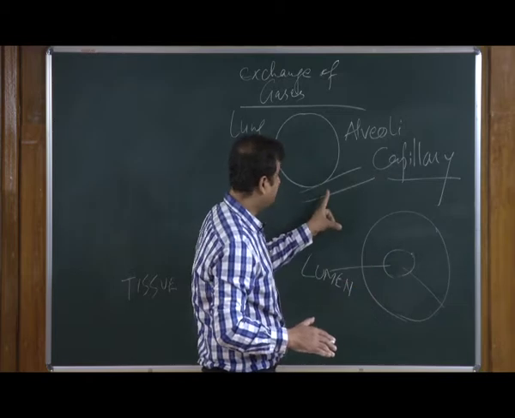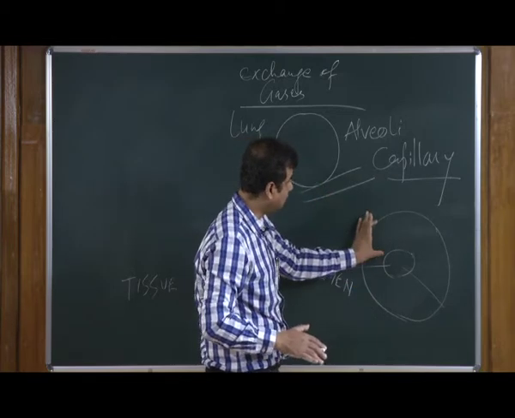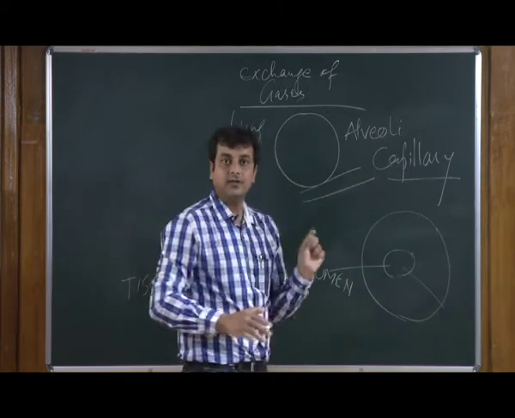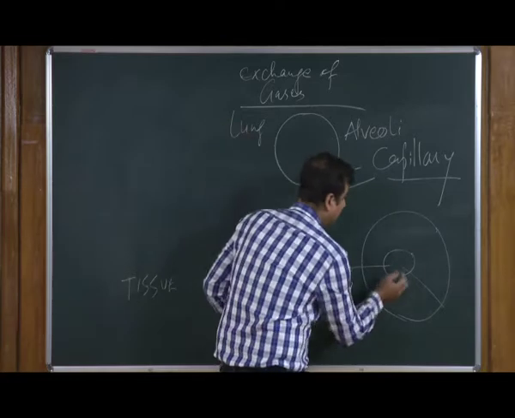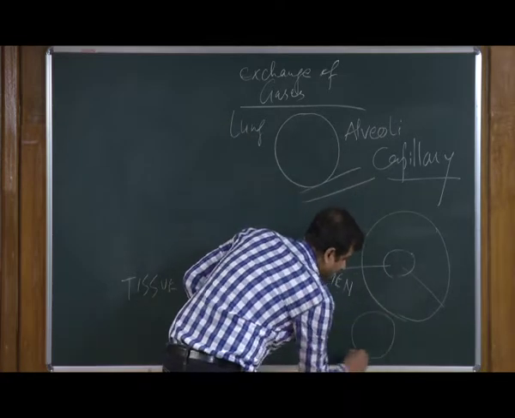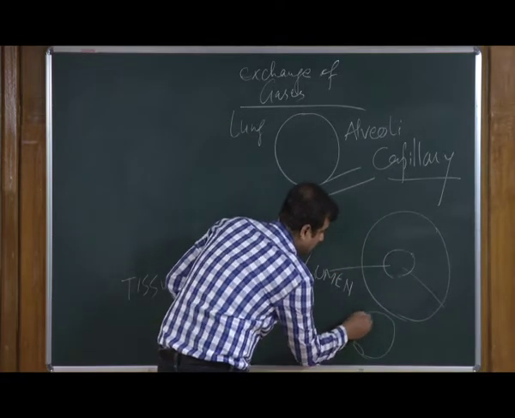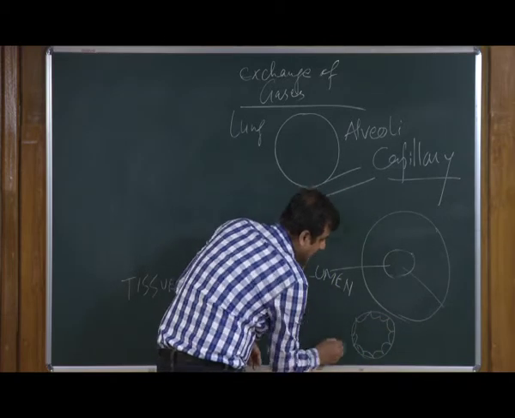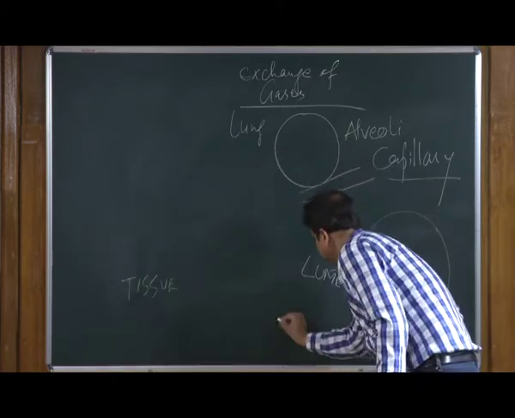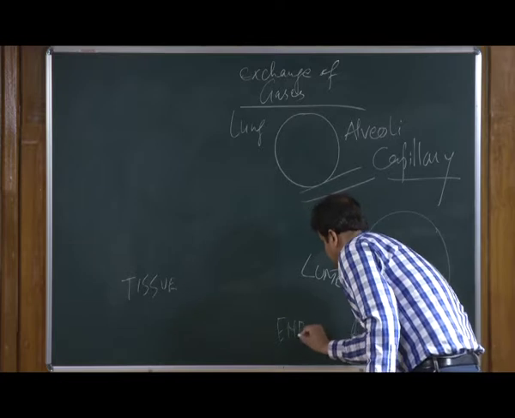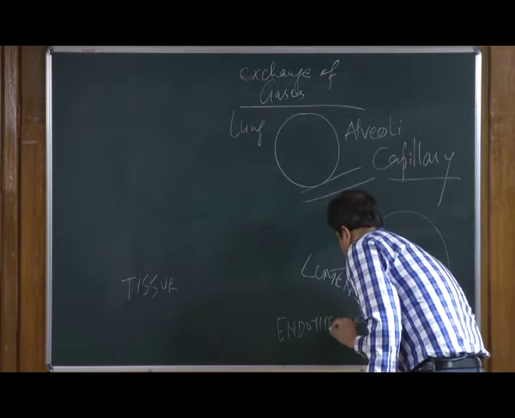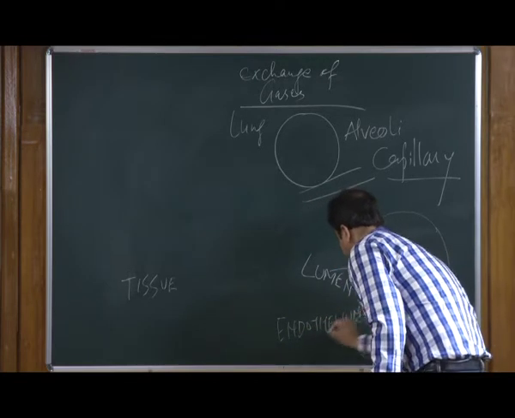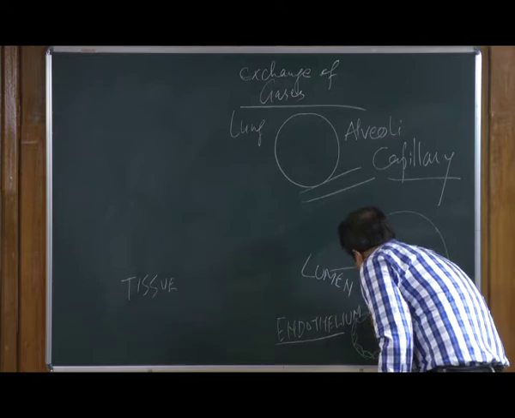Now, in case of this capillary, this smooth muscle area is very thin. So what is happening, this area is simply like this. So these are all the lining of the blood vessel. The lining of a blood vessel is called endothelium. So this is nothing but the lining of this capillary.